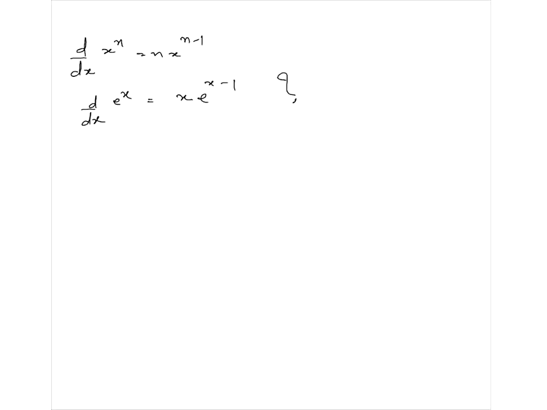And the answer is, in one case it is variable to the power some constant, and in the other case it is constant to the power variable. Never use this type of formula if n is a variable. Never. So if I ask you to differentiate x to the power x, it's not fair to ask it in physics.